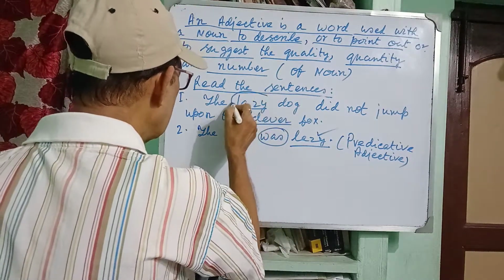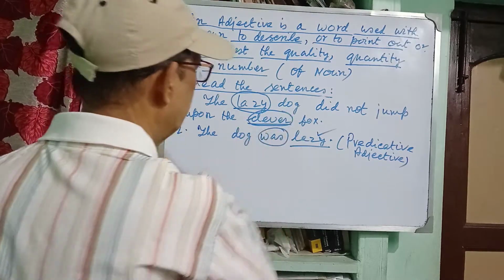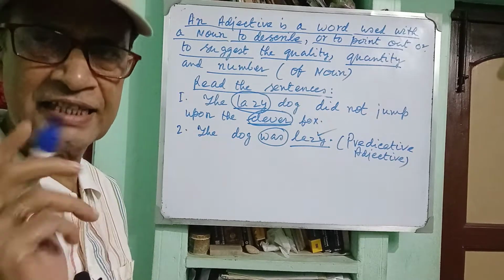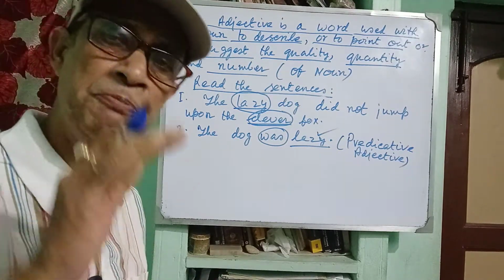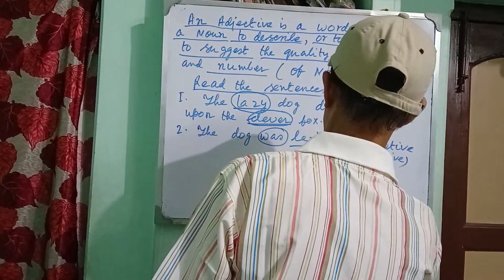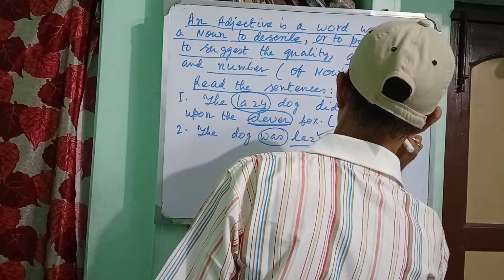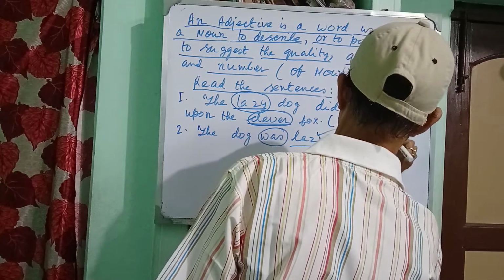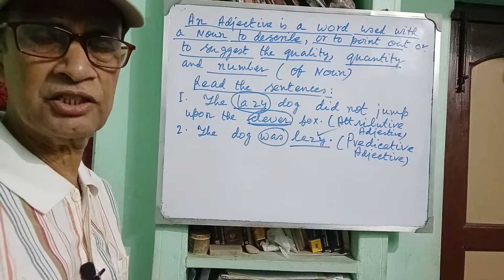And what are these adjectives? The adjectives which precede the noun, the adjectives that take their places just before the noun, they are called attributive adjective. Okay? Then what are the distinctions?